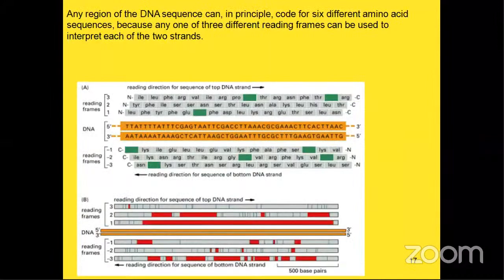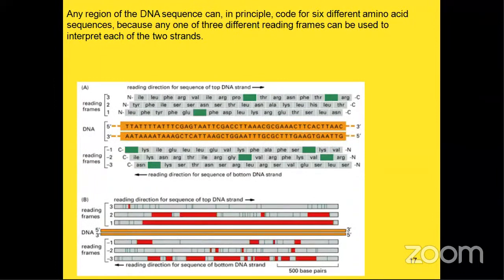Now, this is an example of how this particular type of one-dimensional data is used in bioinformatics. For example, say you have a DNA sequence. From the DNA sequence, what can be done is that the DNA sequence can be translated into the protein.